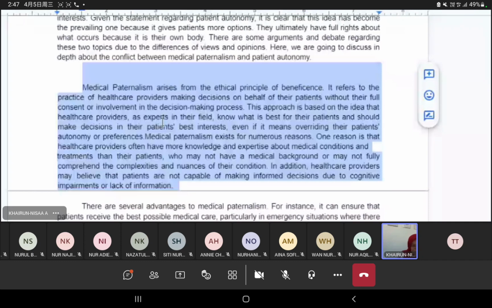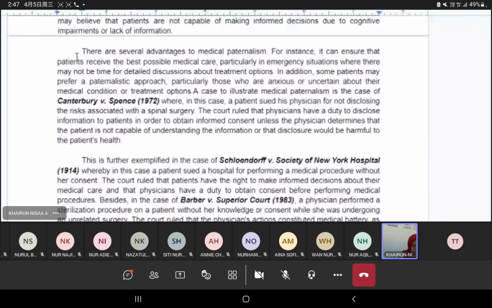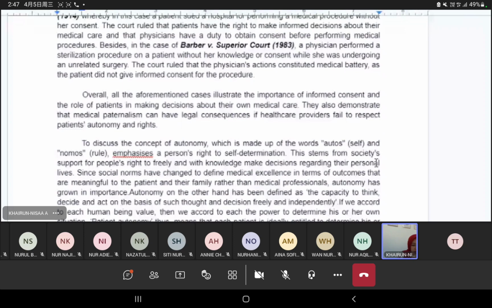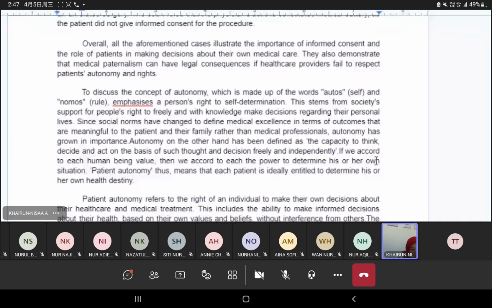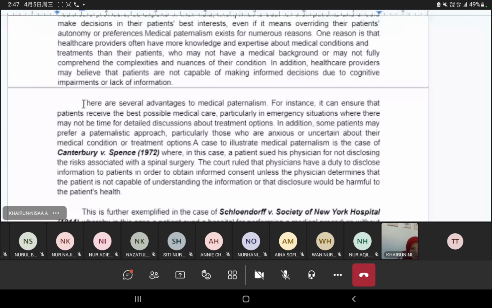There are several advantages to medical paternalism. You have all the cases. Let's see if you can relate this with the statement. I can accept this as further explanation about medical paternalism.